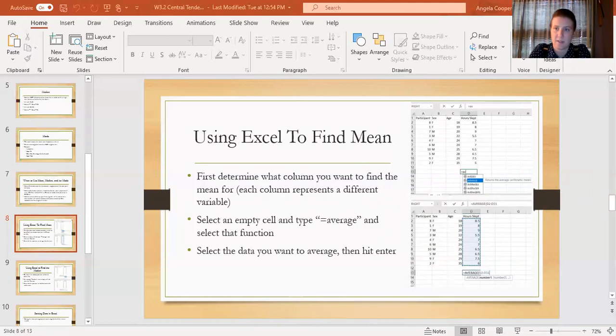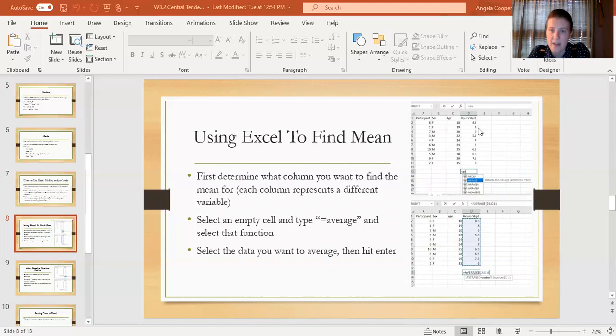So, to find the mean: when you ask Excel to make any sort of calculation, you have to type equals and then a function. Essentially a function is me telling Excel to do this. To find the mean, the function you use is average. Let's say we want to find the average hours slept.